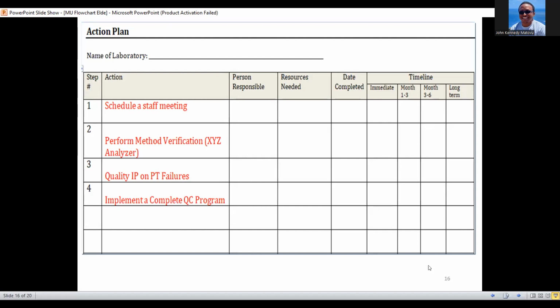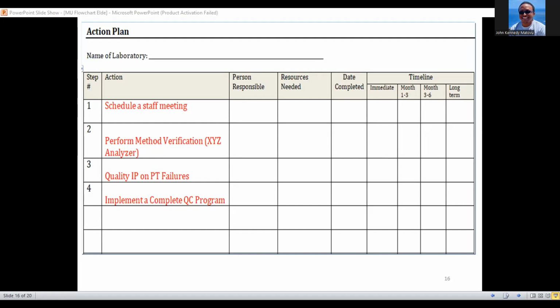So the action plan is pretty straightforward. It's a stepwise process, and the action would be who would be involved in that process, and then which IP you want to do, okay? And then what we've got here is the person responsible, the resources required, and the date completed.